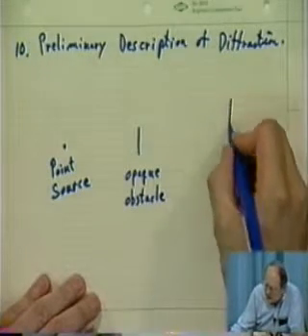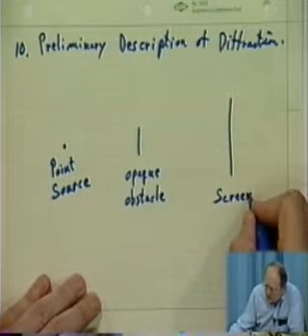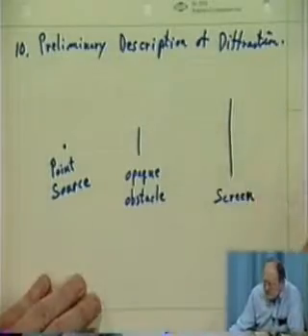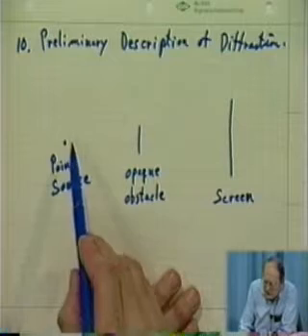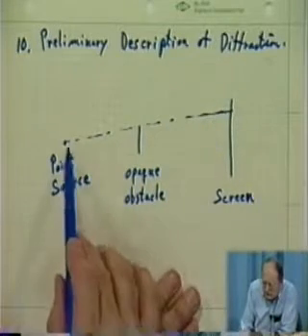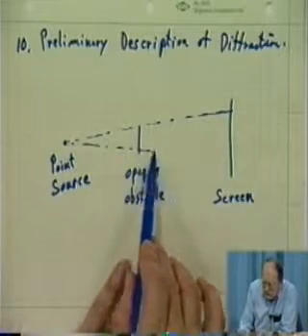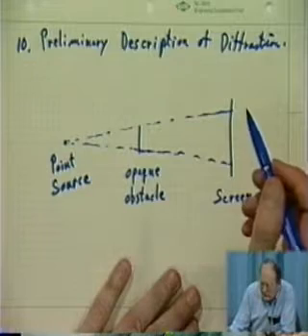And I'm going to come over here someplace, and we put a screen over here. And so we get some shadow here, produced by this opaque obstacle.